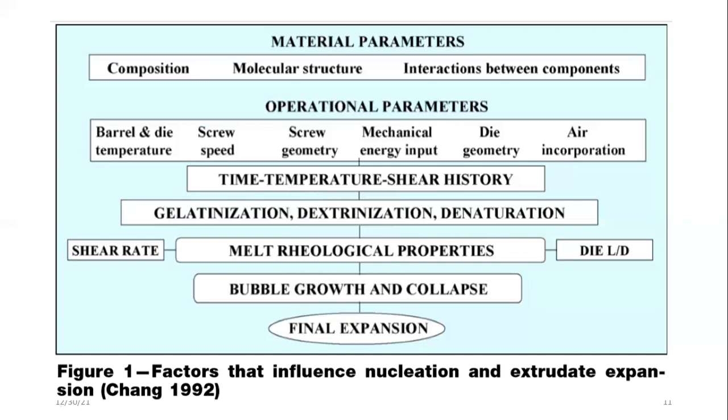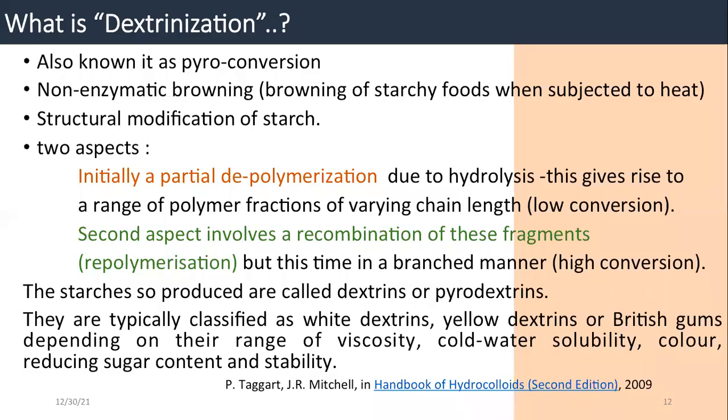And some collapse are there as a result of water removal. As a result of that, you can get amorphous food products, amorphous texture, and final expansion, right? These are things happening in food extruders. So each and every step is very important to understand.